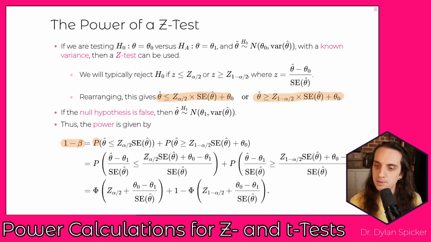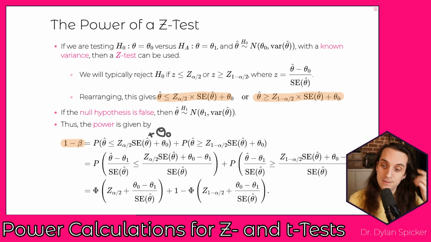And so we take the probability that theta hat is less than the bound here plus the probability that theta hat is greater than the bound here, okay? This first bound, I will point out, is missing a term in it, right? So if we're actually taking this first bound, we should have plus theta 0. So with that typo fixed here, then we can consider, okay, well, how do we actually work out this probability?